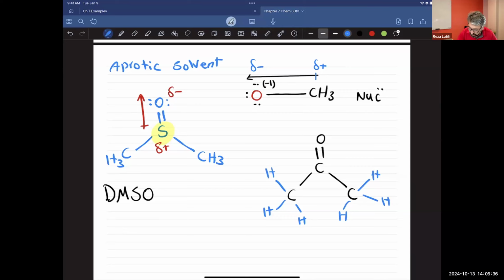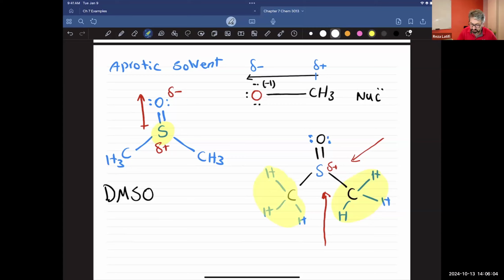And this one is, forgive me, that's sulfur, not carbon. So if you want to reach positive charge from this direction, it's going to be hard. Why? Because you will see two methyl groups. And if you reach it from this side, you will see that group.